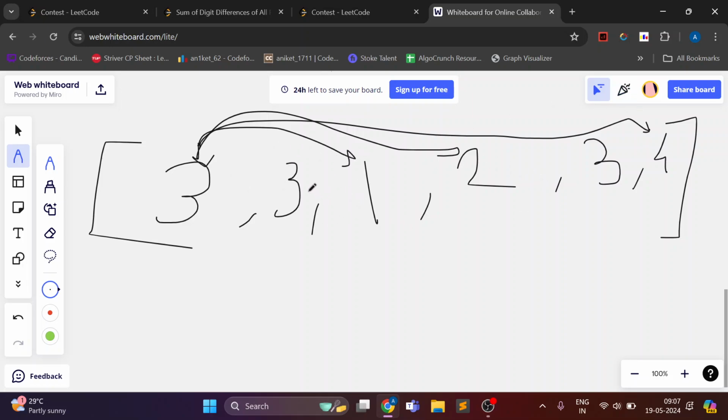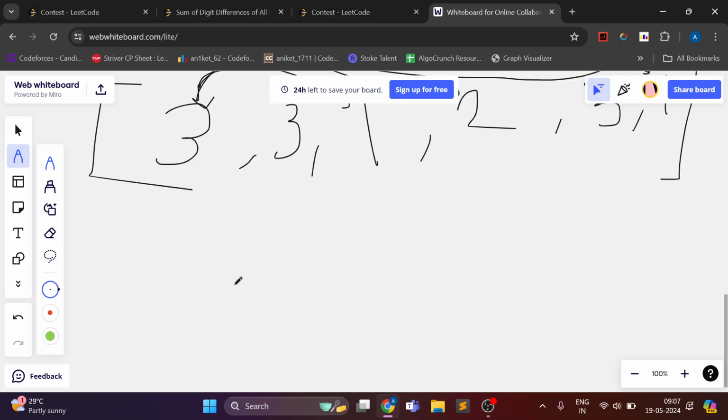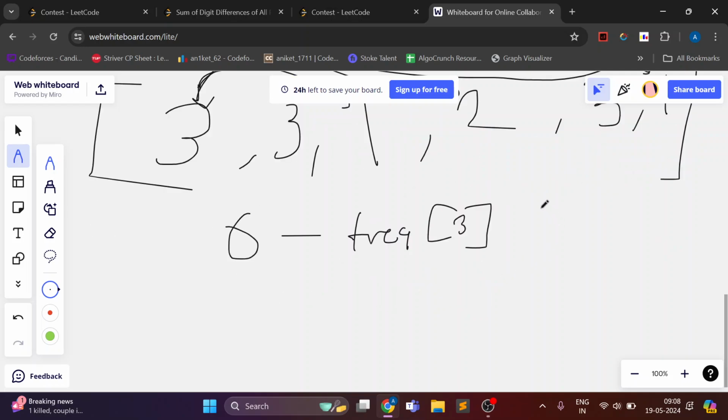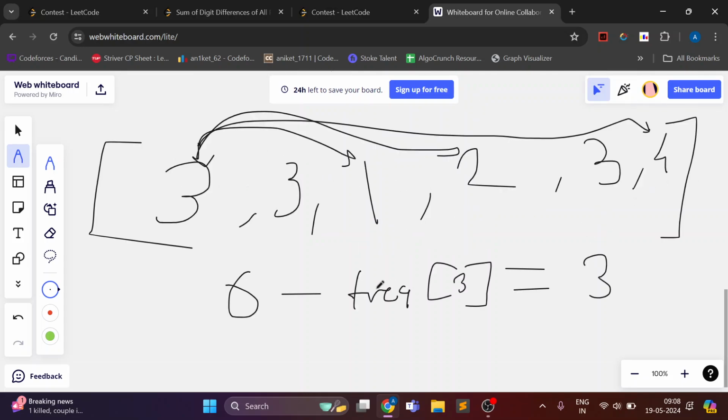So can I represent them like this? Total number of integers is 6 minus the frequency of 3. Here 6 is the size of the array, and 3 is the frequency of 3, so 6 minus 3. So the answer for this 0th index is 3.